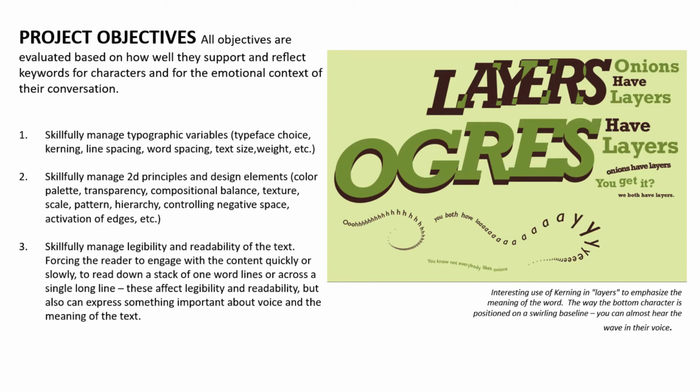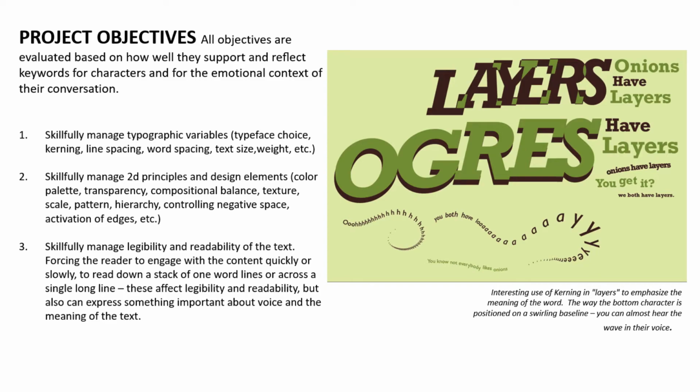A scene that is very hectic and chaotic is going to have a composition that's really hectic and chaotic. But if it's just a normal average conversation, then the poster is going to look average and normal. So you're really thinking about those three things: the two characters and the conversation as a whole.